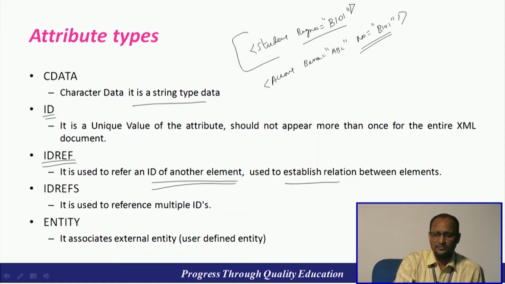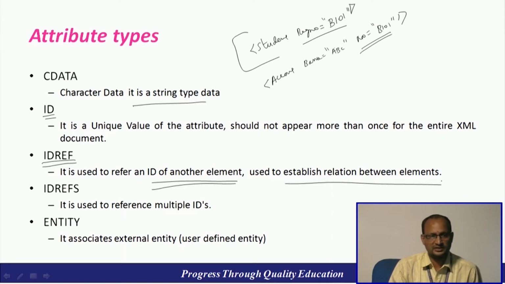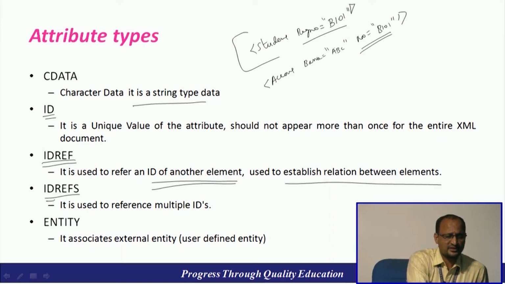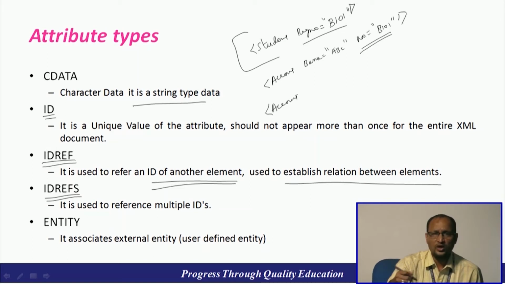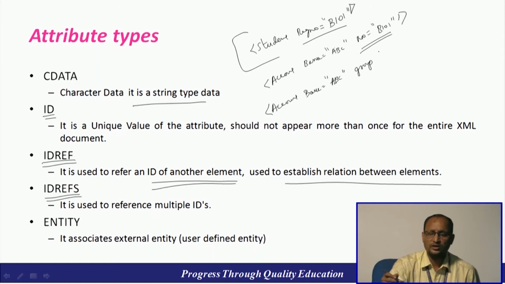So it is a kind of relationship between the elements. Next, IDREFS. Suppose I would like to write the same account for those who have an account. We want to specify the number of students who are maintaining an account with a particular bank. This is bank ABC and a group of students who maintain it.